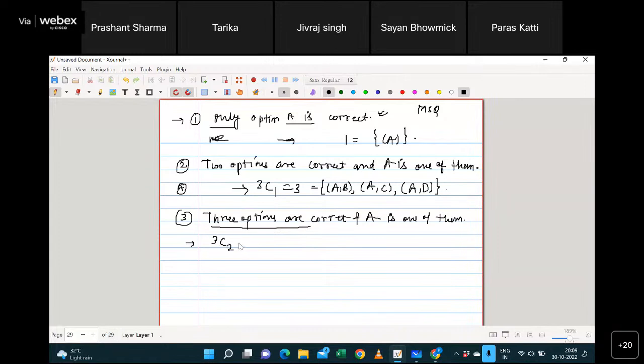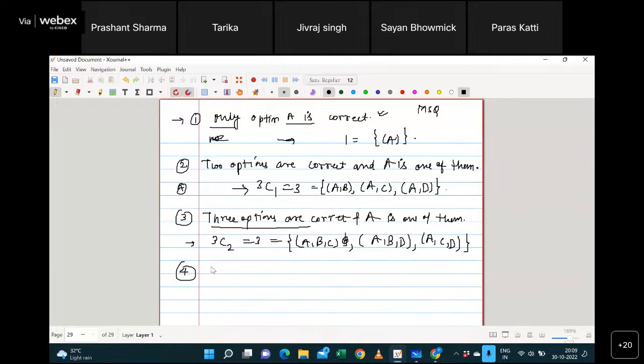That means 3C2 will be 3 factorial by 2 factorial 1 factorial, so it's 3, right? That means I can say A, B, C, and A, B, D, and what next can be A, C, D, correct?